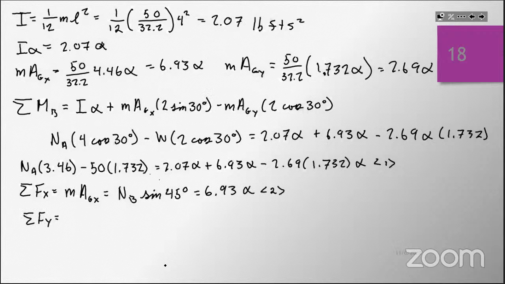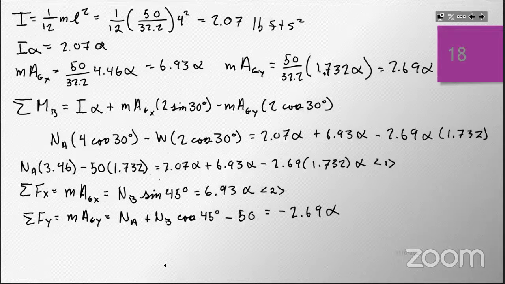I'll sum my forces in the y. MAGY, that's NA plus NB cosine of 45 degrees minus 50 from my weight, which is equal to negative 2.69 times alpha. That's equation 3.